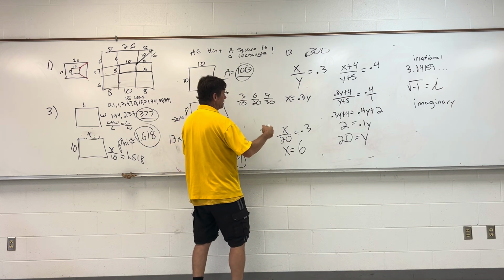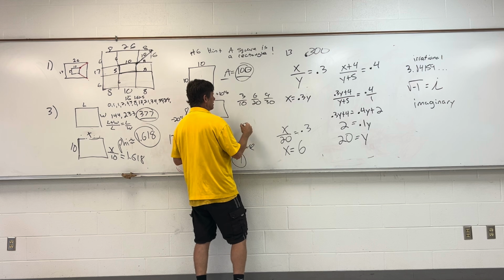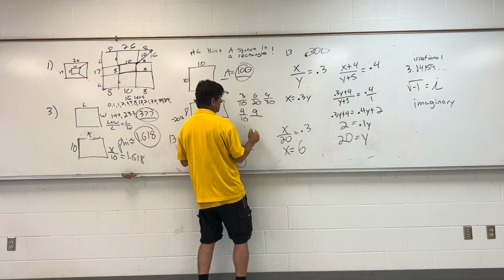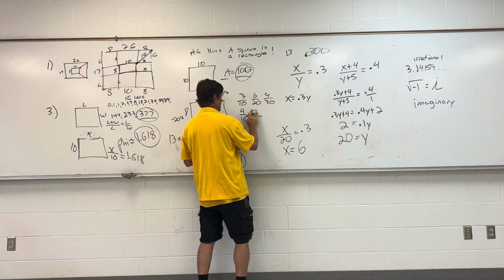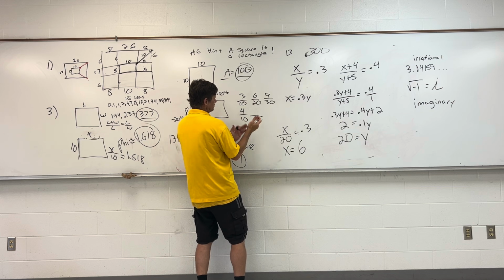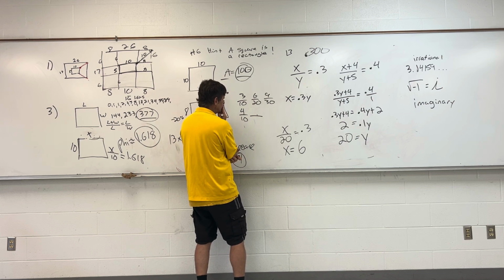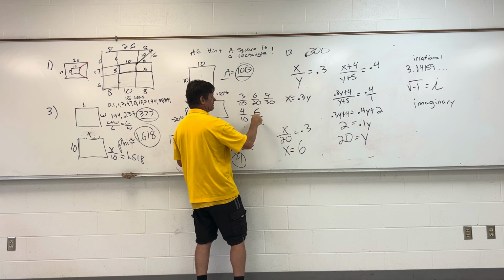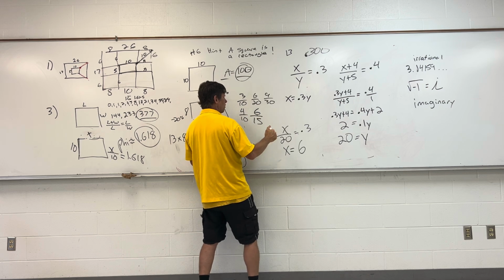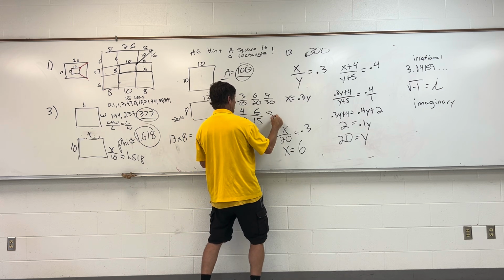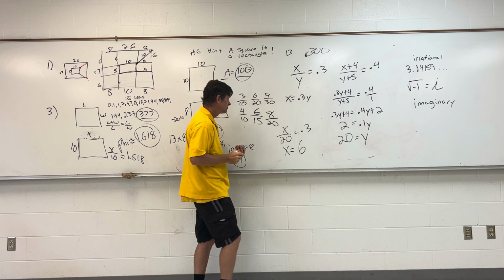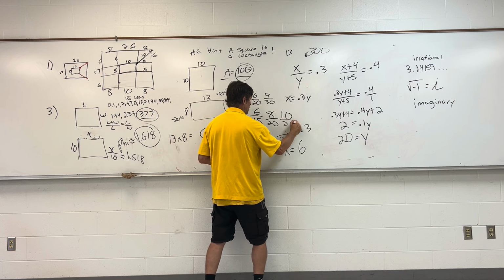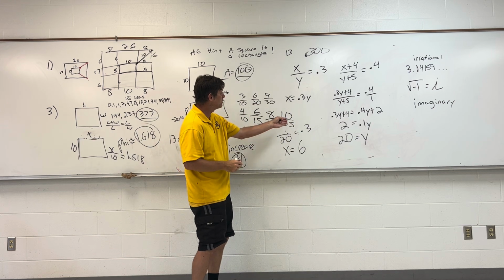So 4 out of 10 is 2 out of 5, and then 6 out of 15, right? That's 2/5. Or 2/5 would be 8 out of 20. Or 10 out of 25. Okay, so it has to be one of those.